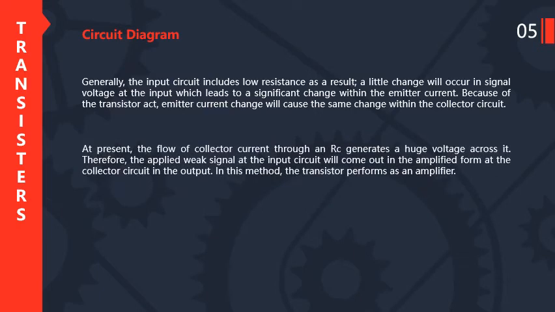The flow of collector current through RC generates a huge voltage across it. Therefore, the weak signal applied at the input circuit will come out in amplified form at the collector circuit in the output. In this way, the transistor performs as an amplifier.